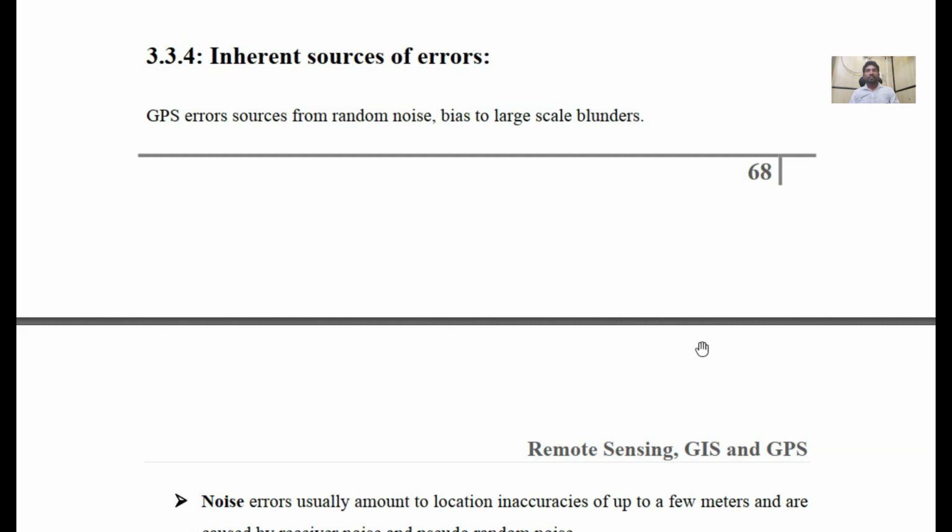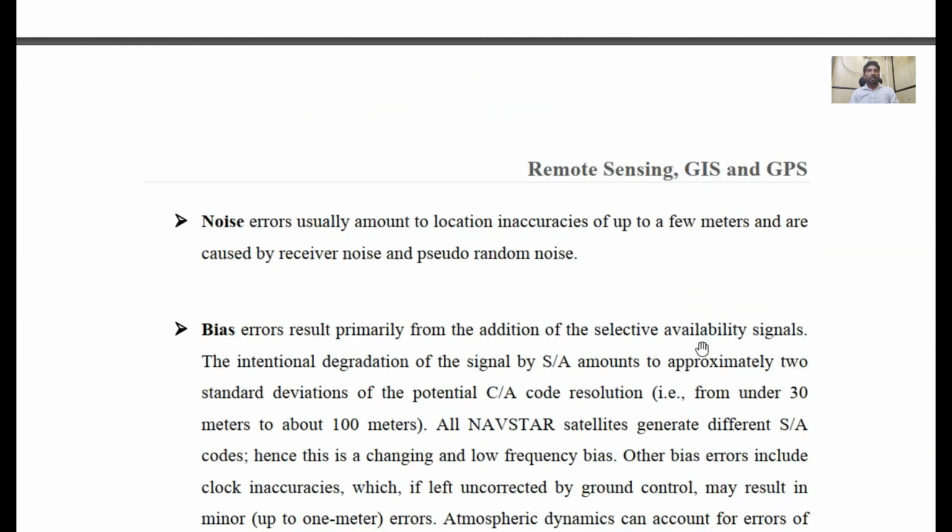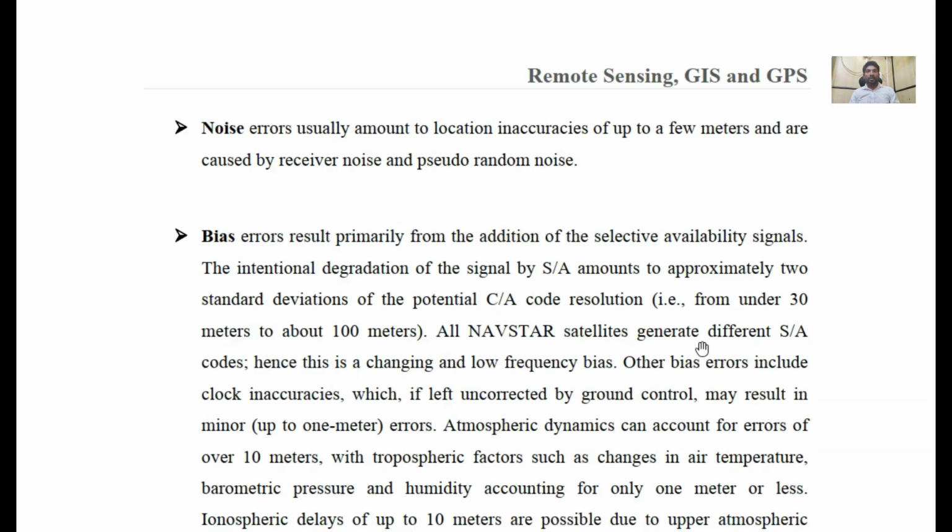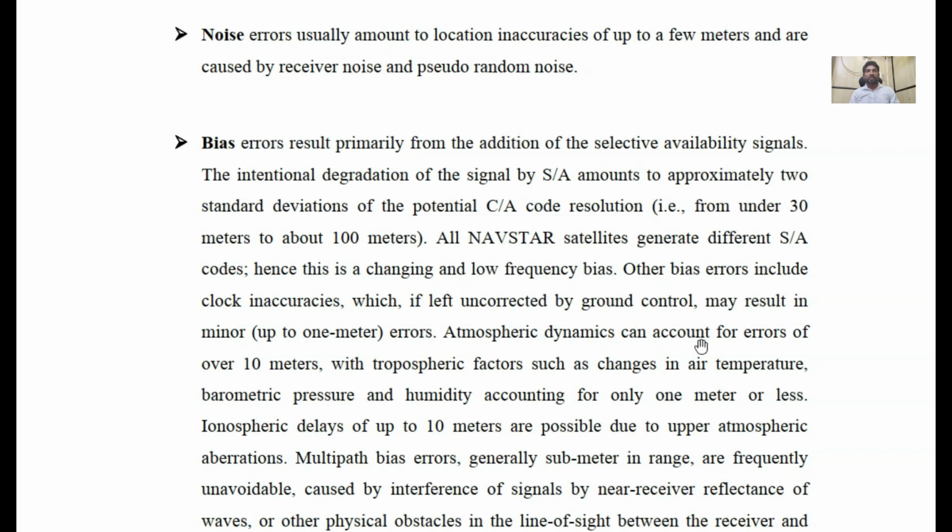Bias errors result primarily from selective availability, the intentional degradation of the signal, amounting to approximately 2 standard deviations of the potential code resolution. Navigation satellites generate different codes, and this is changing and low frequency based. Other bias errors include clock inaccuracy, which if left uncorrected by ground control may result in minor errors.